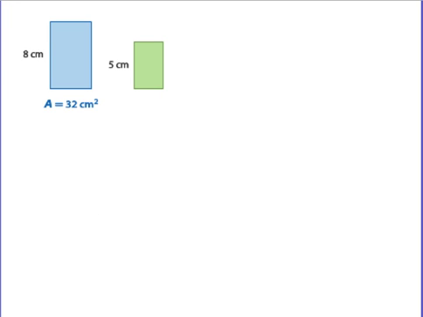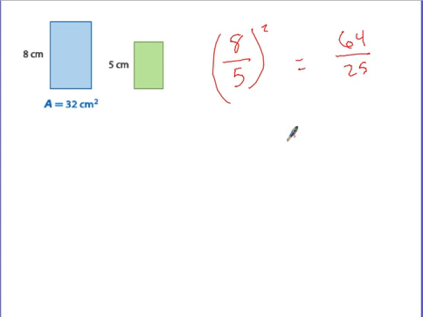We'll do the same thing with this problem that we just did. We're going to set up a scale factor. So we've got 8 over 5 can be our scale factor, and it won't simplify, so all we have to do to find the scale factor of the areas is square it. So that becomes 64 over 25.